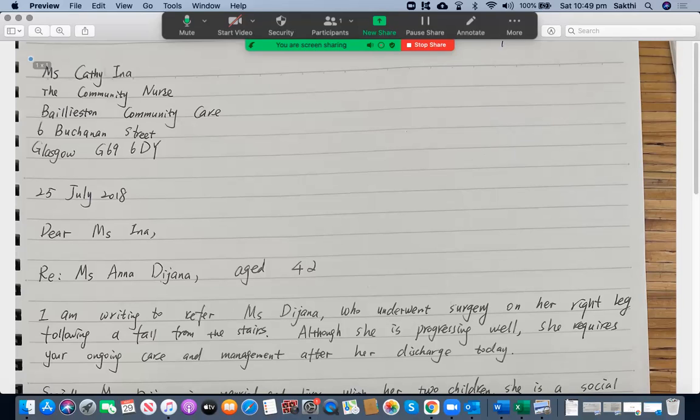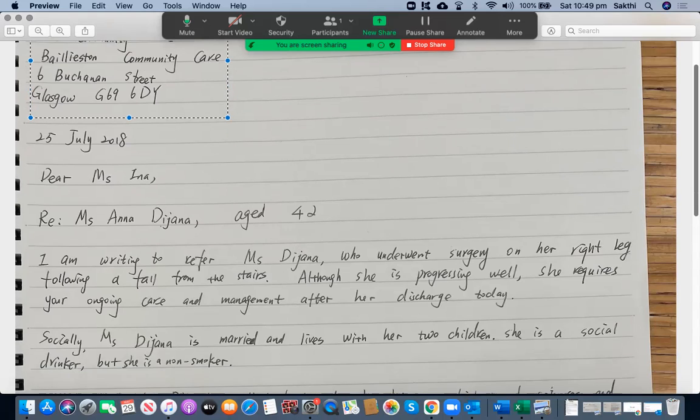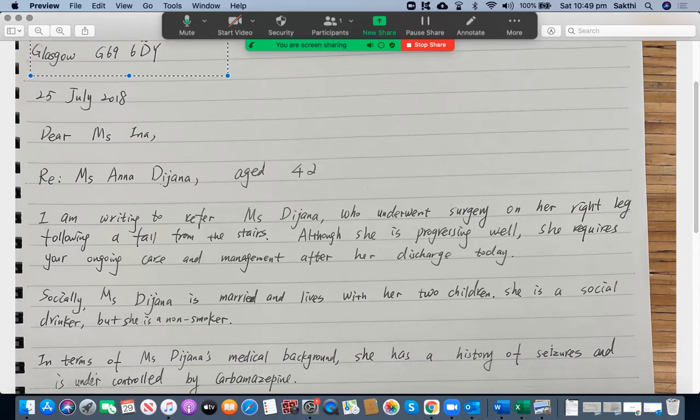She has written down the addressee's contact details on the top. She has written Miss Katie Ina, the community nurse, Bayliston Community Care, 6 Buchanan Street, Glasgow, G696DY. So these details are correctly written down here. And then she has written the date of the letter, which is good.